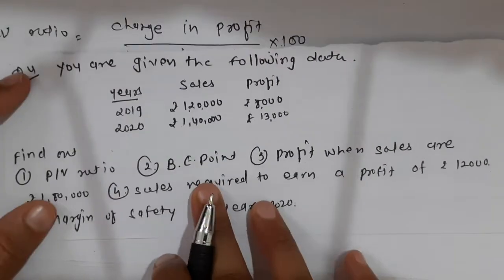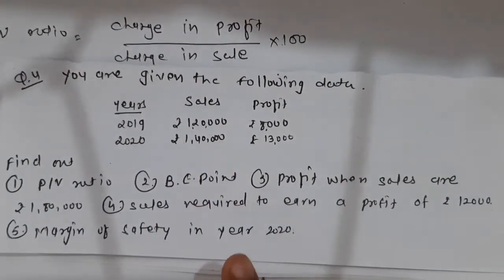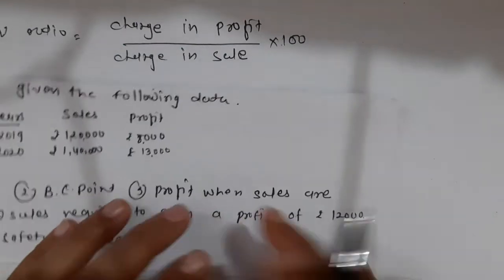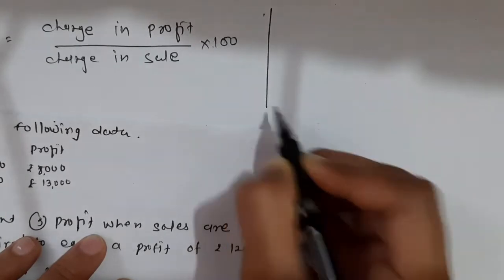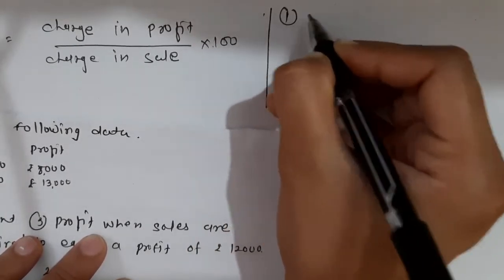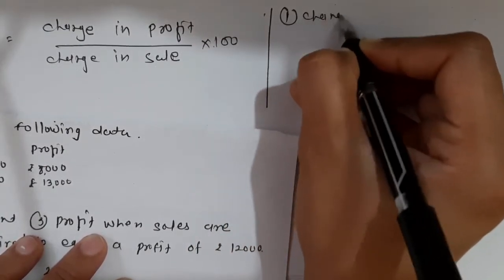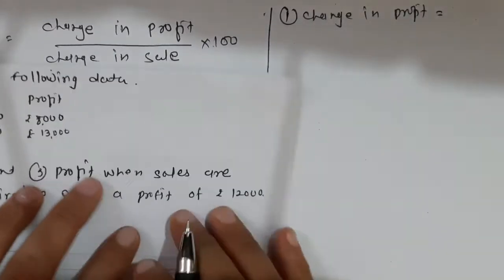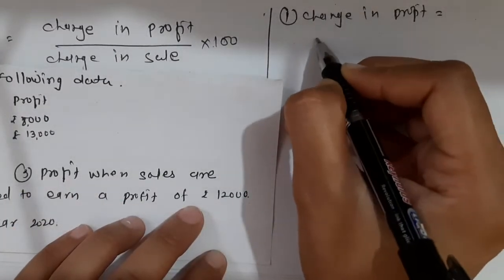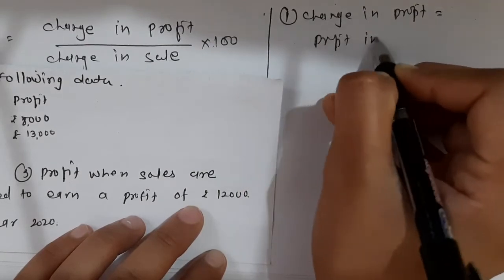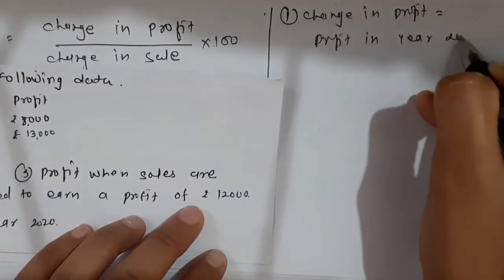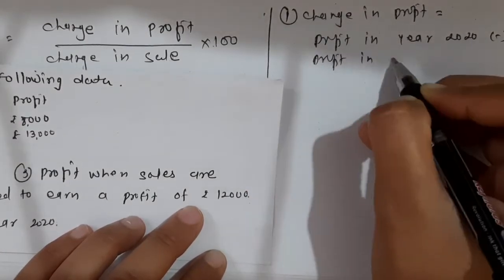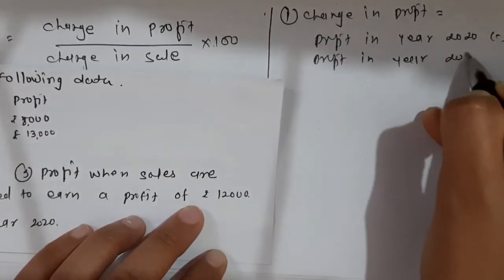Here 2 years data is given. So using this data we easily find the change in profit and change in sale. First we find the change in profit. It is profit in year 2020 minus profit in year 2019.